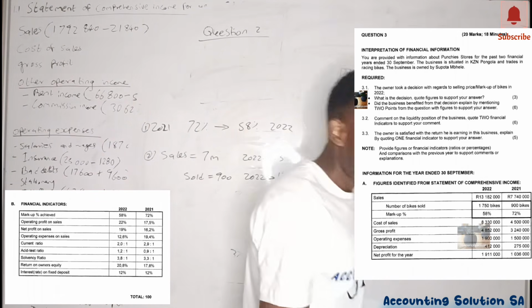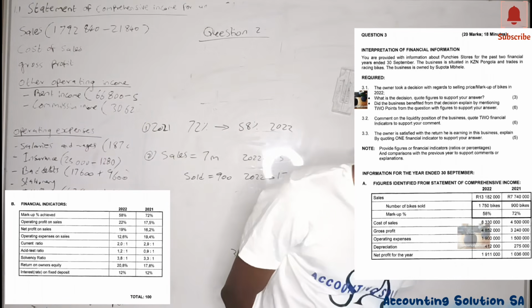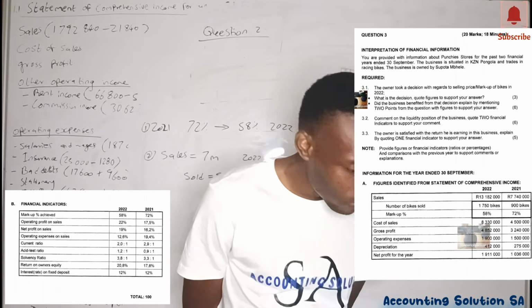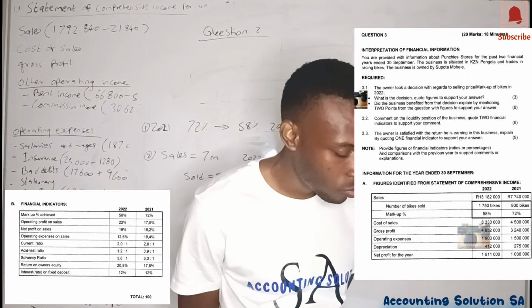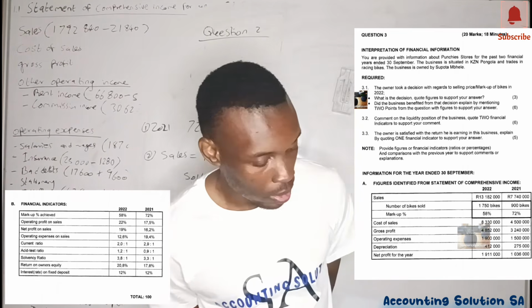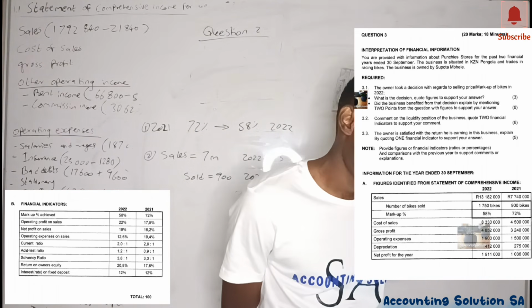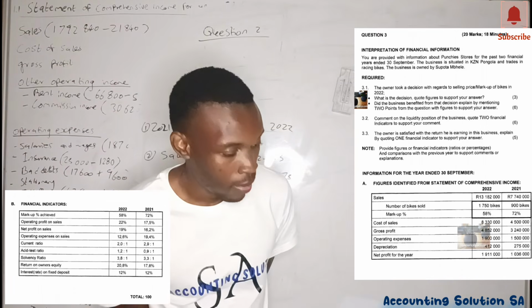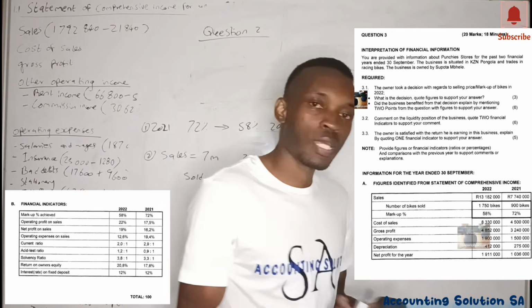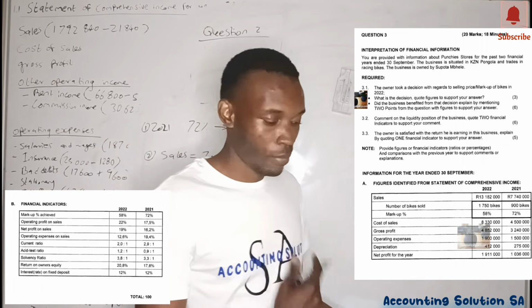If you check the financial indicators, we find that last year in 2021, they had a current ratio of 2.9 to 1, and it decreased by 0.9 because it goes to 2.0 to 1. But that simply means that the business can still be able to pay its short-term liabilities.